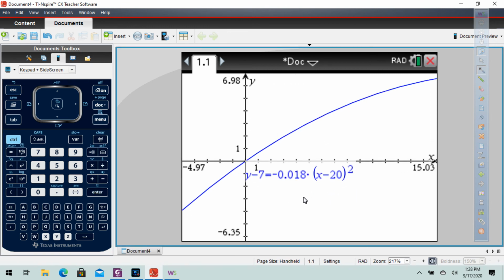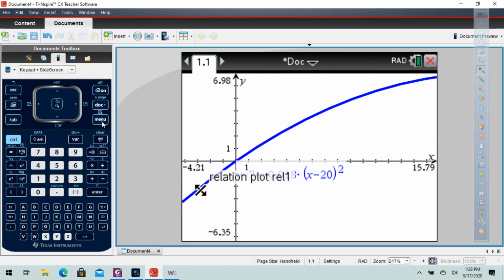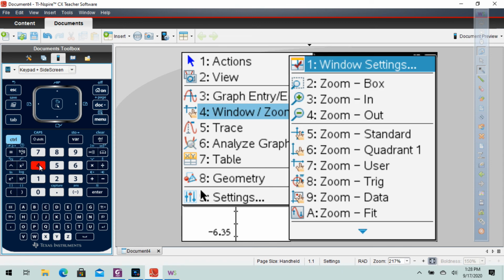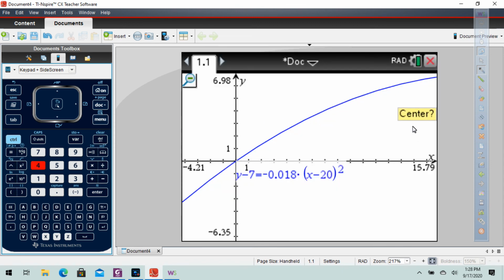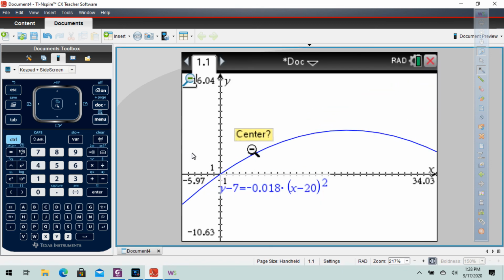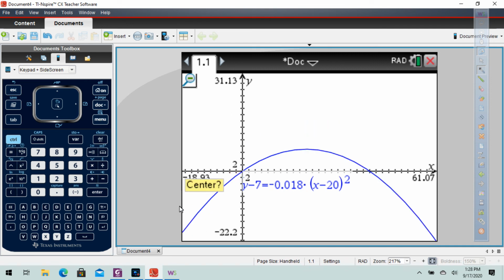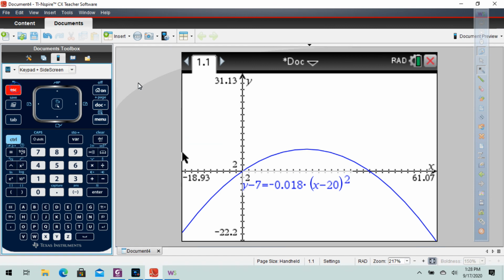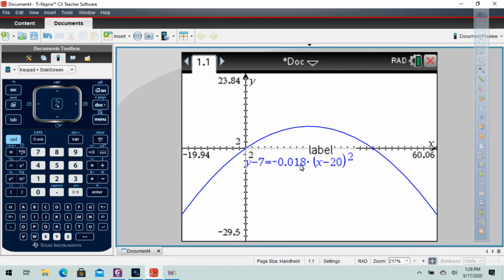So there's the path of the ball. Menu, 4, 4. Okay, there's the path of the ball.